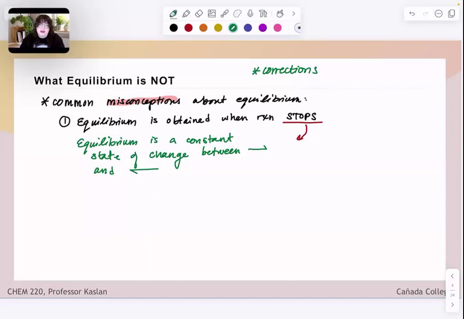So there's never any static quality about equilibrium, ever. Constant change.